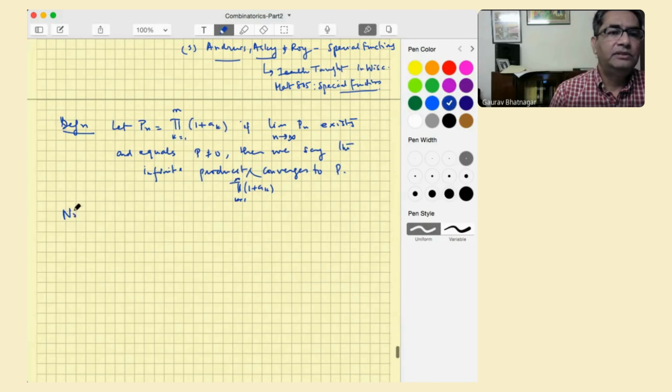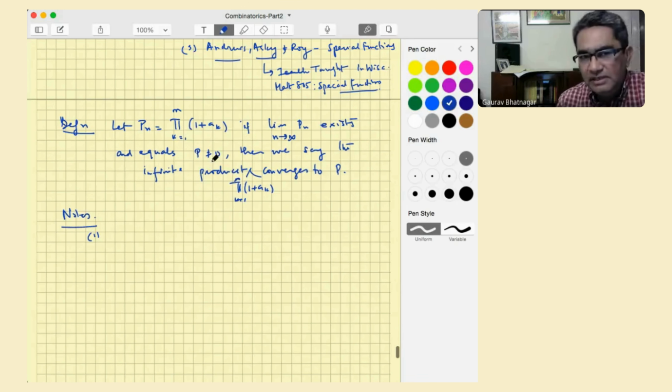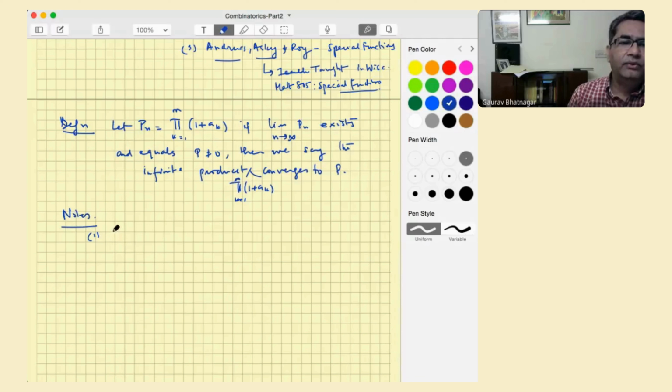And some notes. We want to more or less avoid the places where it's zero. If one term is zero, for example, then the whole thing is zero. I mean, then it's a sort of trivial thing. So if only a finite number of factors 1 plus ak is 0, right?